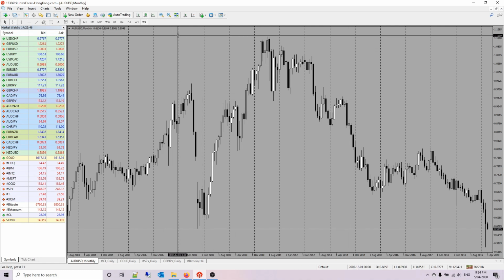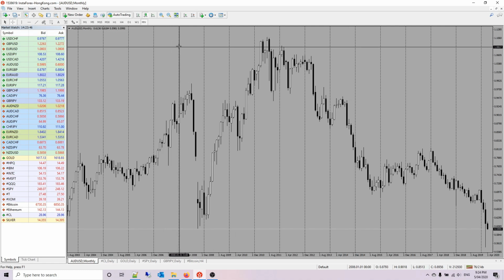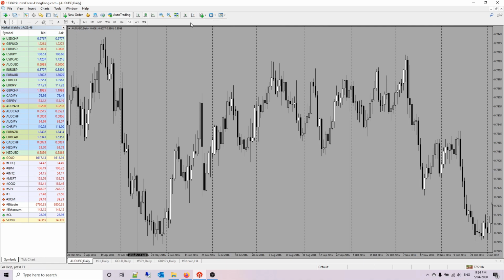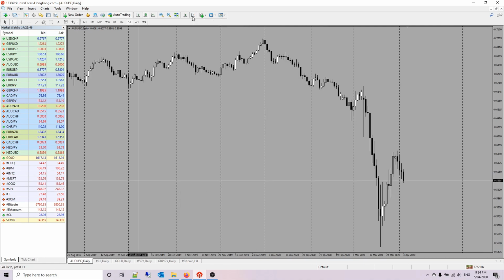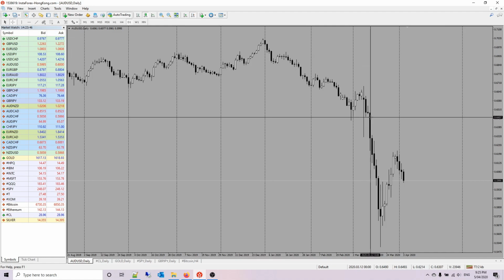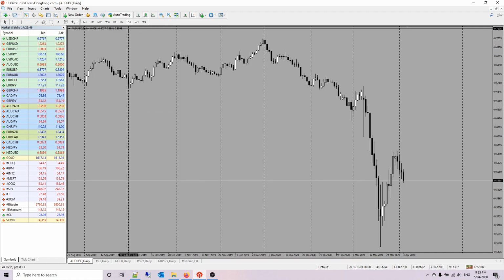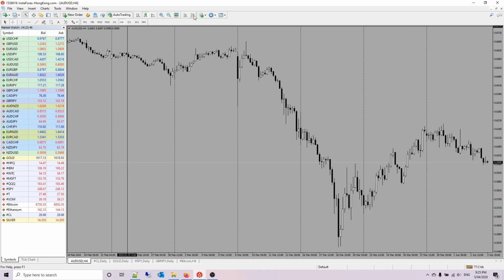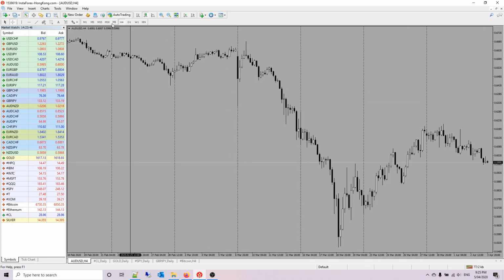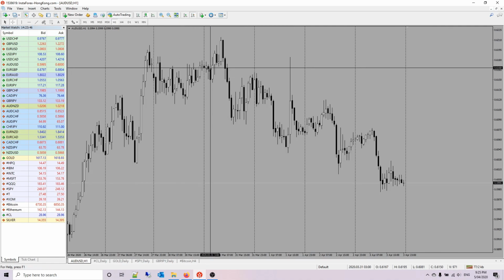I won't go into candlestick patterns or candlestick reading; I'll cover that another day. Now let's go to the daily time frame, where one candle is the movement for a whole day. H4 is 4 hours, and for H1 every one candle here is 1 hour.